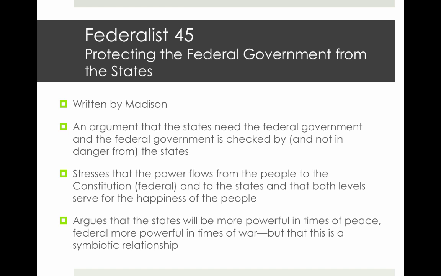But that's not what happens. In reality, people choose their federal representatives and their state representatives because they have the power over both. And so he argues that states will be more powerful than the federal government in times of peace. But in times of war, it's more of a federally based system. That this is, in effect, a symbiotic relationship where power will shift over time, but that one side cannot take over the other.